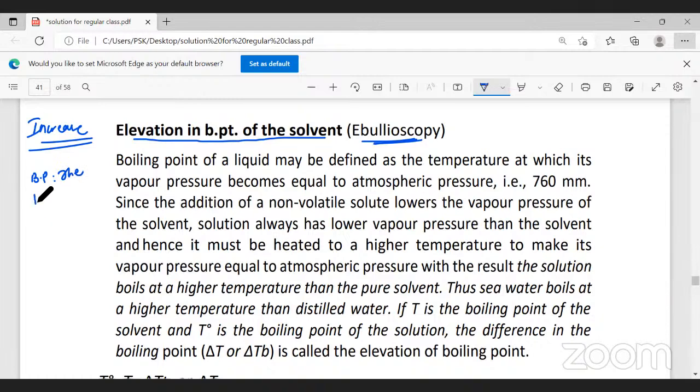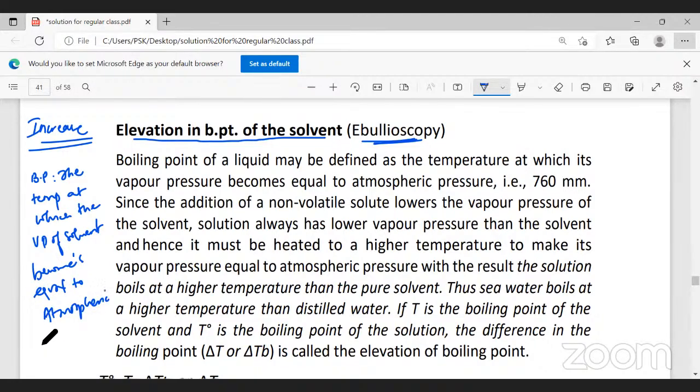The temperature at which the vapor pressure of a solvent becomes equal to the atmospheric pressure is called boiling point. The temperature at which the vapor pressure of any solvent becomes equal to the atmospheric pressure is called boiling point.